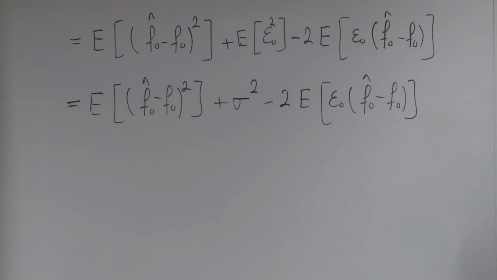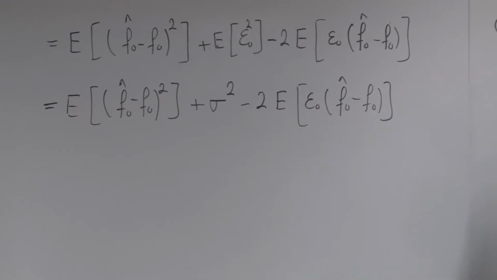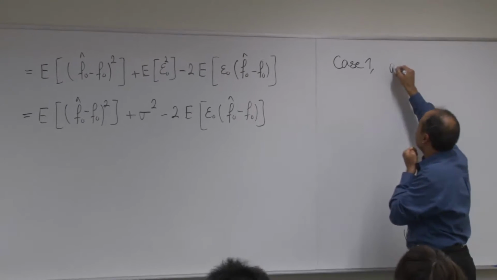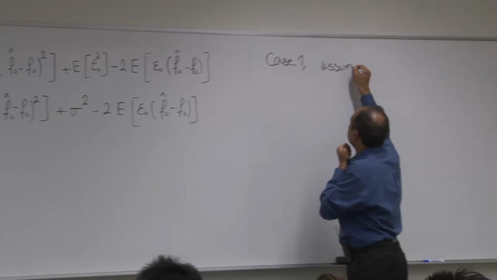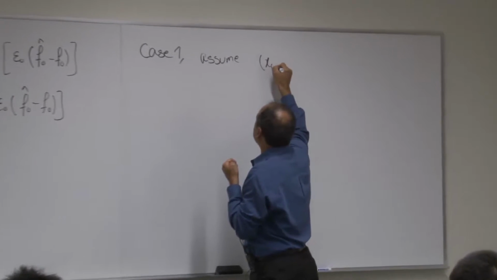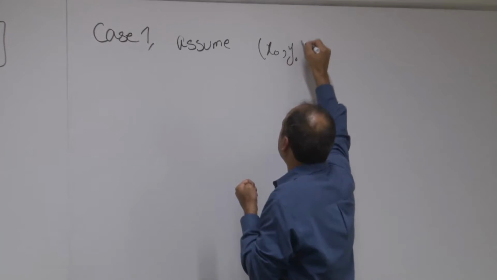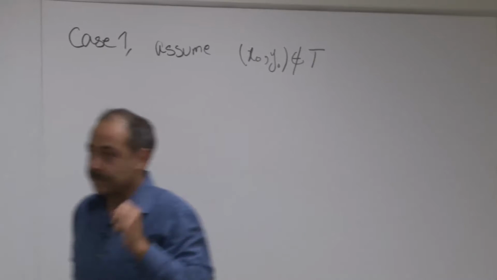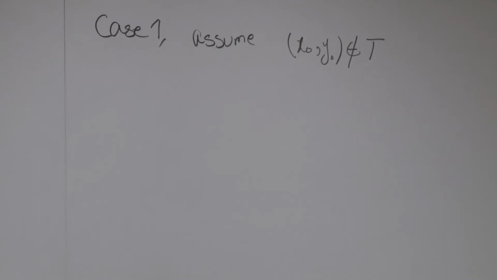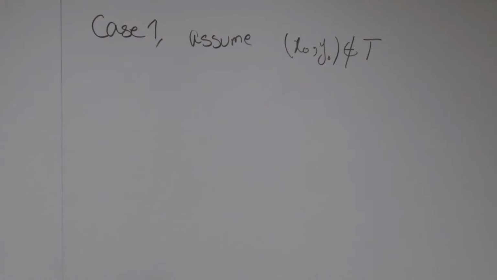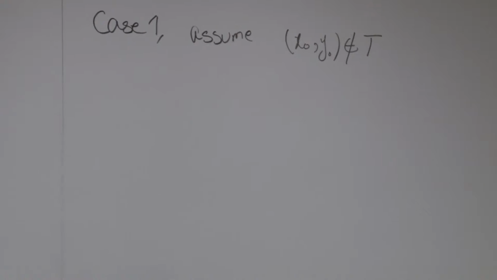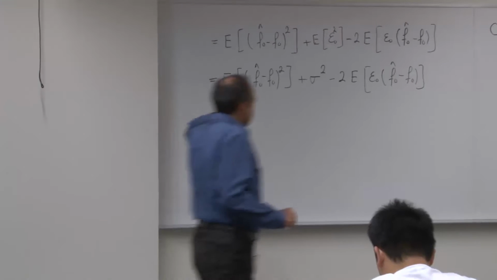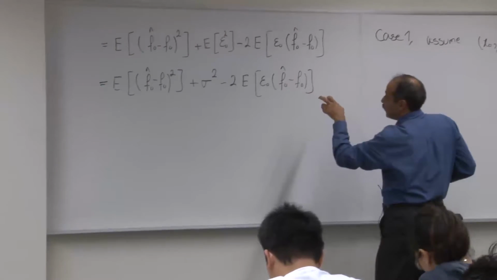Now, I consider this case. I'm going to assume that this point is not in the training set. This is correct for any point. Suppose that I choose a point that's not in the training set.